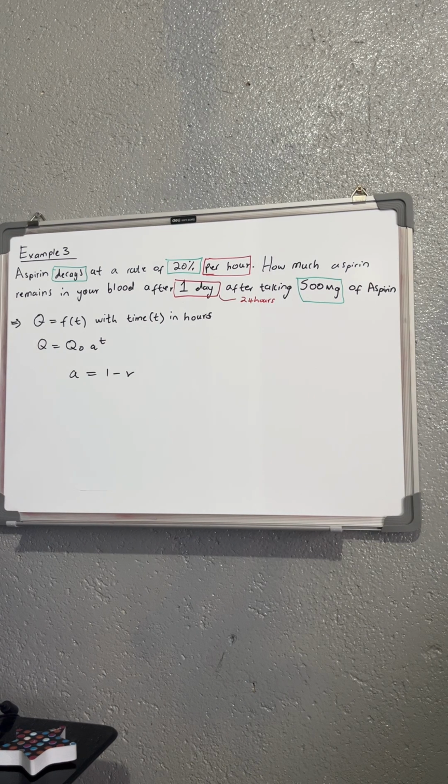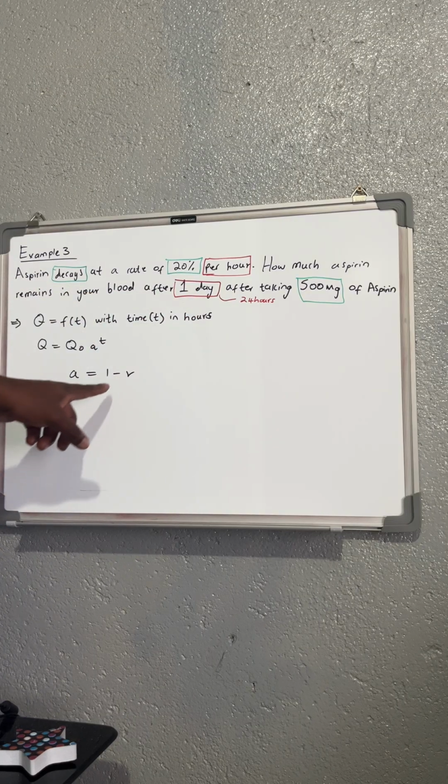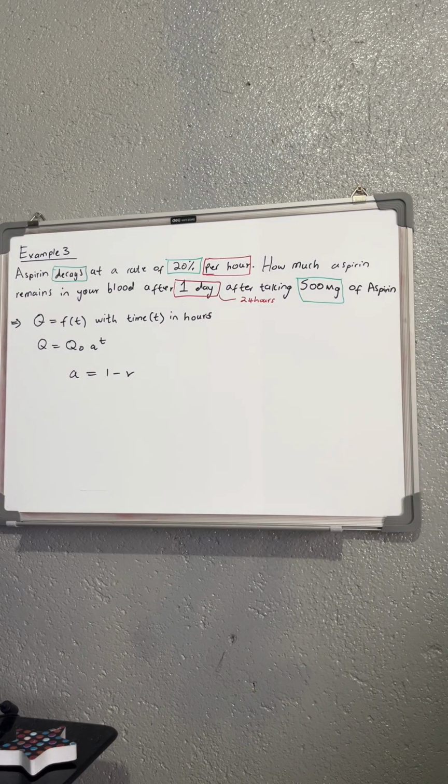So as I was saying, since we have an example that shows it's decaying, we're going to use 1 minus r. But if it was showing aspirin was growing at a rate of 20%, we would be using case 1, which is a is equal to 1 plus r. But in this, it's decreasing. So what do we have?